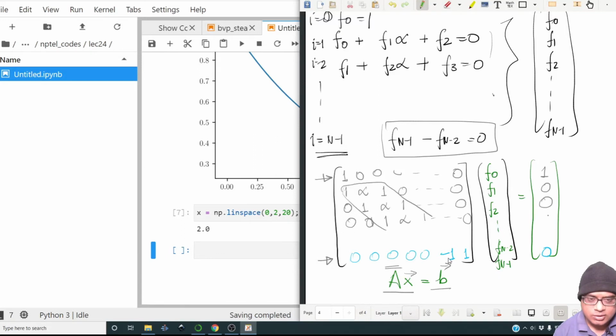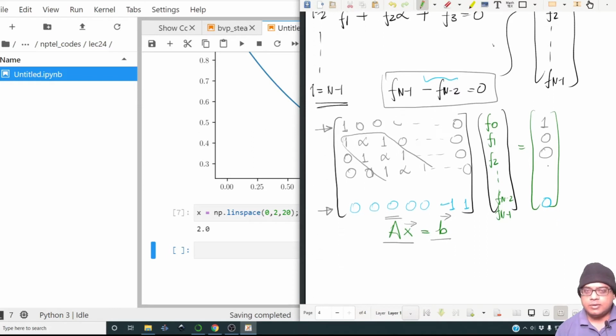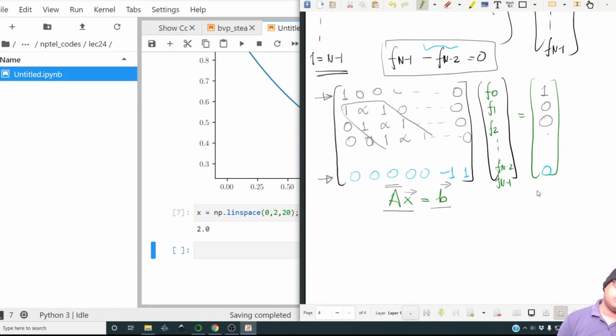This is minus 1 times f(n-2) plus 1 times f(n-1) equal to 0. Alright, great. So now our task is to construct the matrix A and the vector B, and then solve for x. I'm writing it as x, but it will really be f.